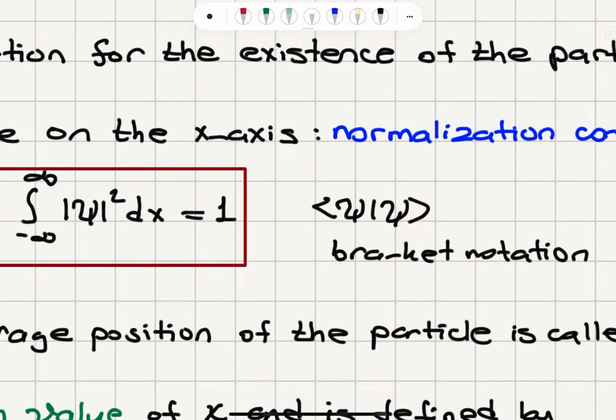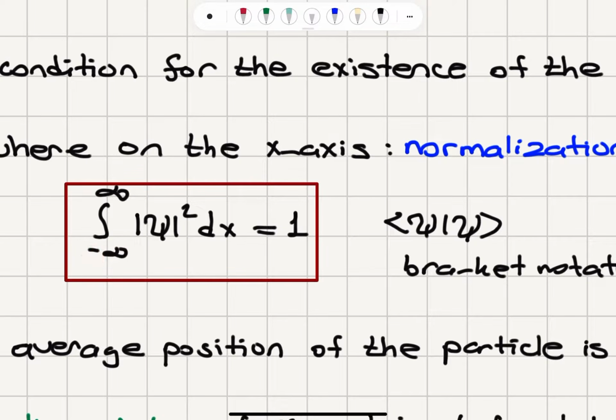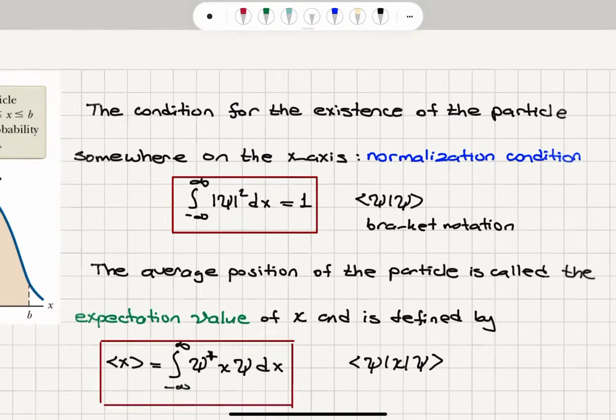And if we have the greater than sign, then we have the ket. So bra psi and ket psi, when they come together, that is equivalent to saying we have the integral over all space of the absolute value of psi square integrated over all space. That's called the bra-ket notation.